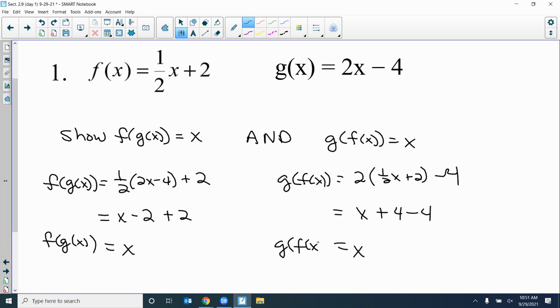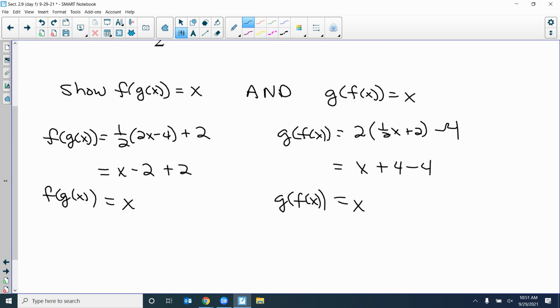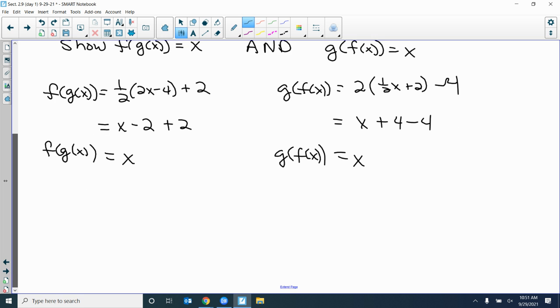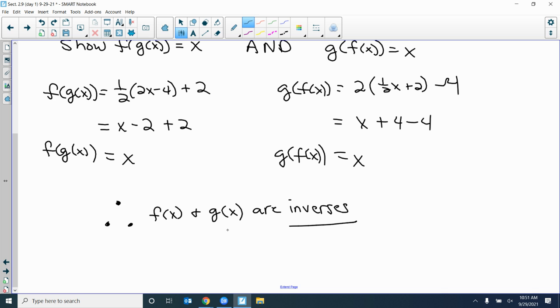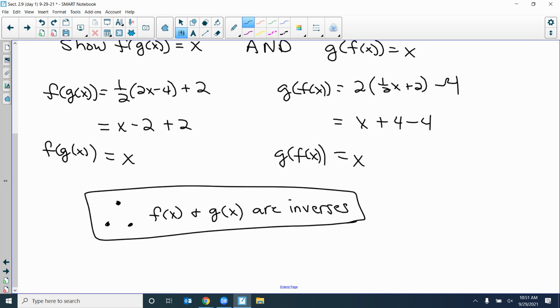So I've showed they're both true. Now, honestly, I've never come across a case where one of them equals x and the other one doesn't, but mathematically I need to show both. In the end here, therefore, these 3 dots, there's a math shorthand for the word therefore. Therefore, f of x and g of x are inverses. Okay. So if it asks you to verify, you do that.